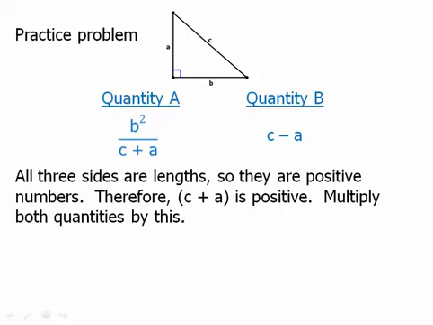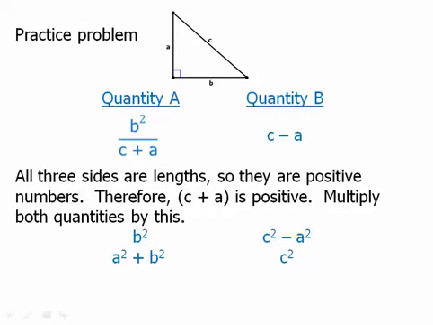So on the left, we just get B squared, and on the right, we get the difference of two squares pattern: C minus A times C plus A, and of course that's going to equal C squared minus A squared. Well then, just to get everything positive, we'll add A squared to both columns, and then we get A squared plus B squared on the left and C squared on the right. Now remember, A and B are the legs of a right triangle.